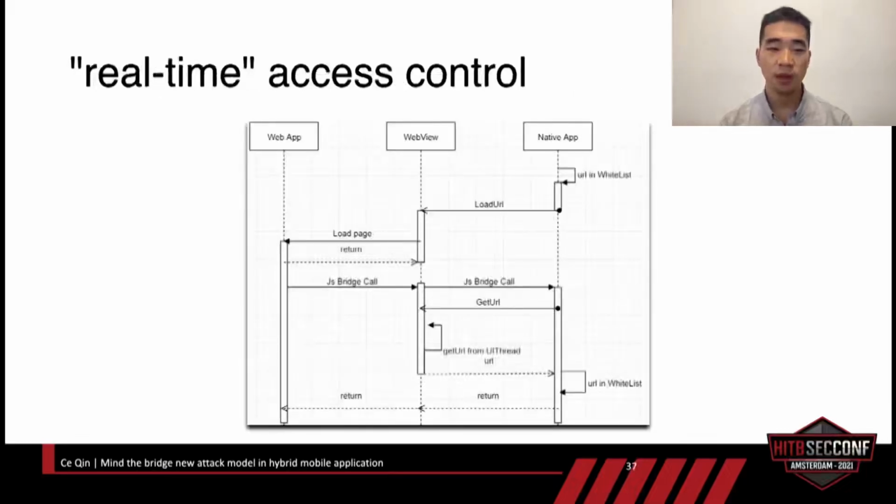So nowadays, more and more applications use real-time access control. They do not get the URL from callbacks, but use webview.getUrl in the main thread when the JavaScript interface is invoked.